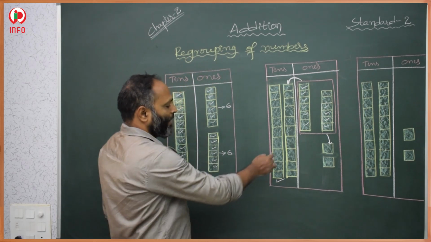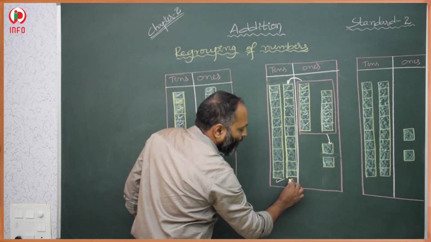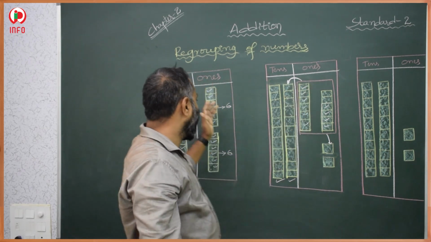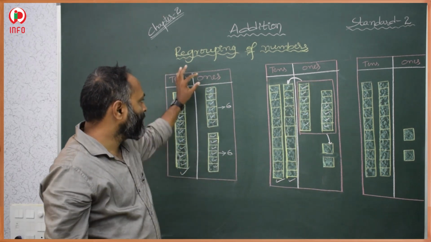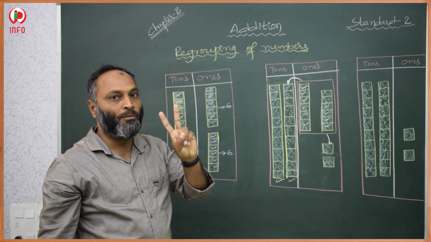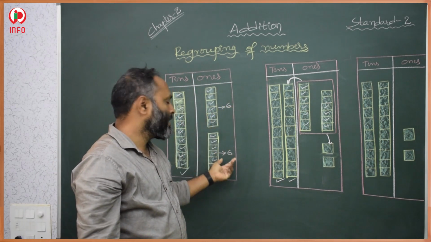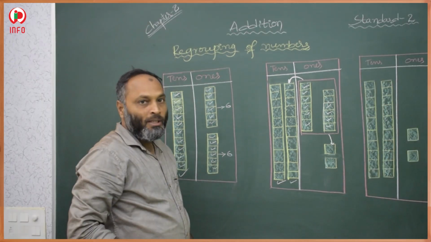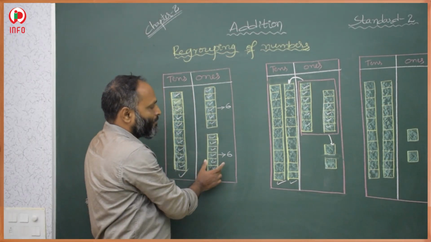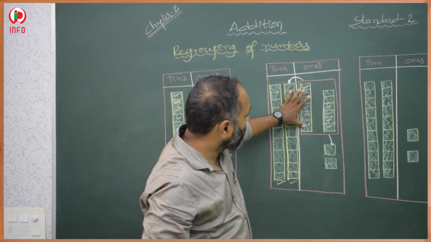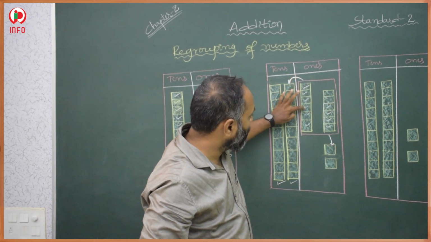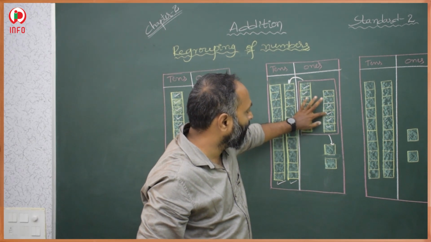So now this is already there. Then one more 10 block we prepare. How? By adding the ones place. In the ones place we have 6 and 6, which makes 12. Of these 12 blocks: 1, 2, 3, 4, 5, 6, 7, 8, 9, 10.